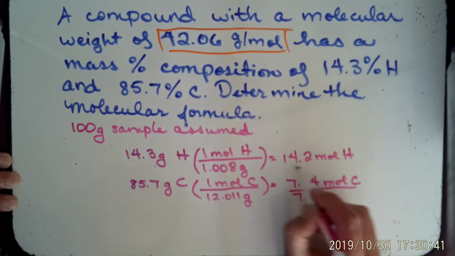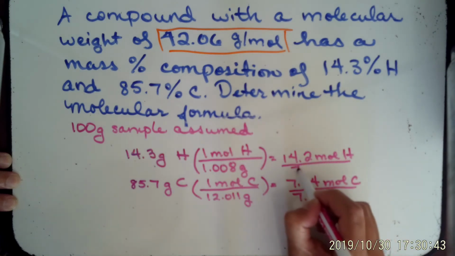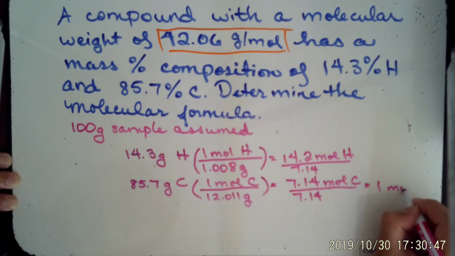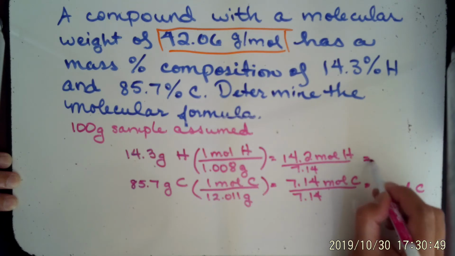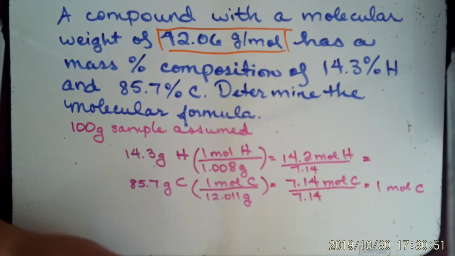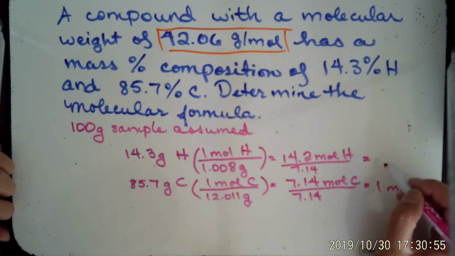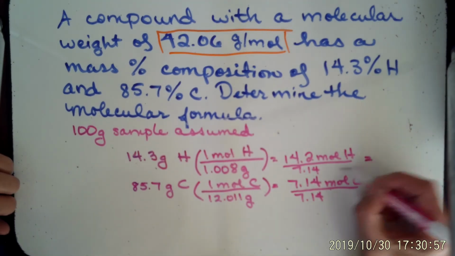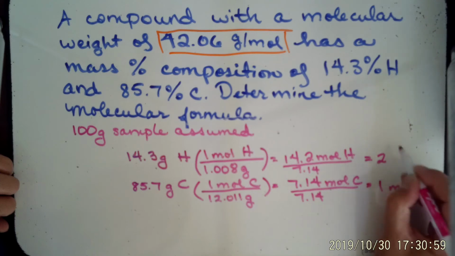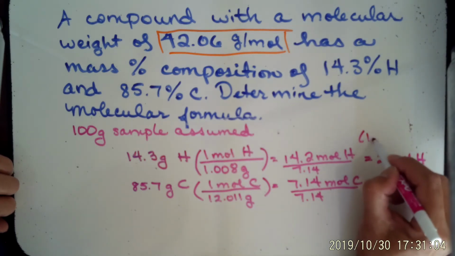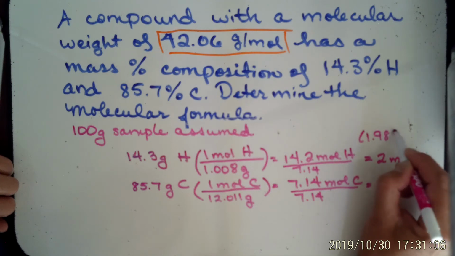So that's 7.14. This is 1 mole carbon. And here, let's see, I get 1.98. So 2 moles hydrogen. Okay, because it was really 1.988.